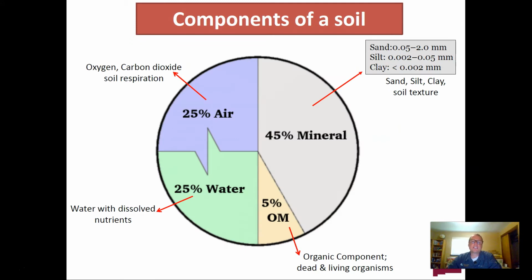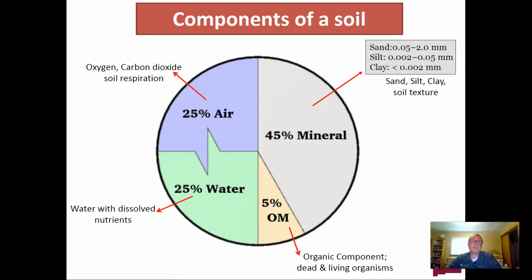So how much does each one of these take up? Well, the mineral portion, basically those physical components, which is your sand, silt, and clay, makes up your soil texture. That's about 45% for a healthy soil. And your organic matter, if you're really, really lucky and you have very healthy soil, should be around 5%.